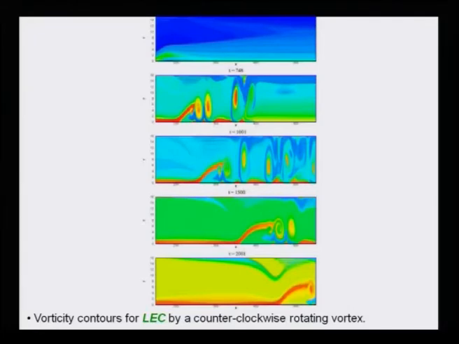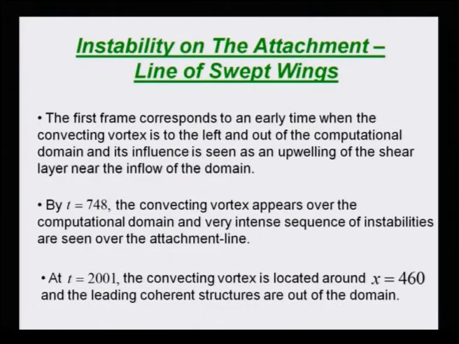The second frame, that is at t equal to 748, the convecting vortex appears over the computational domain, and an intense sequence of instabilities is seen. And if we look at a large time, the convecting vortex is located at x equal to 460, while the leading edge of the coherent structures has actually moved out of the computational domain.